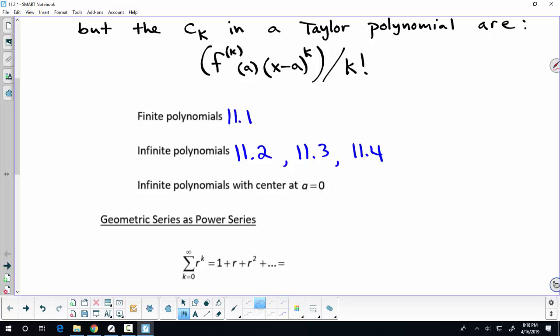Specifically, in these last two sections, 11.3 and 11.4, is where we're using Taylor series, which is an infinite Taylor polynomial.